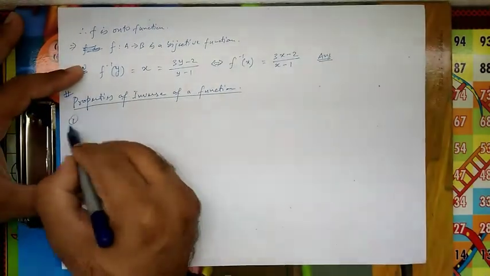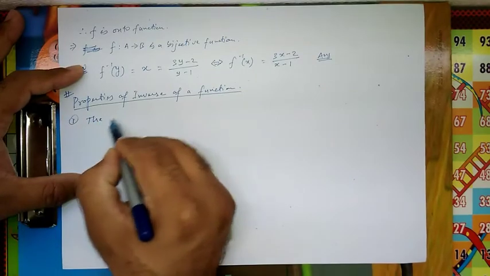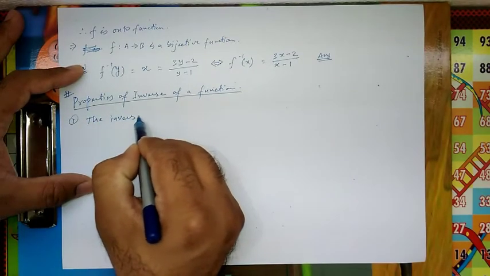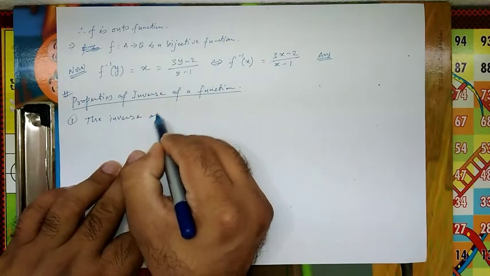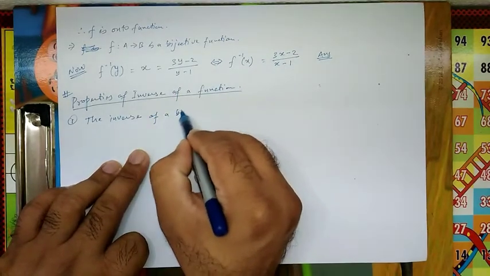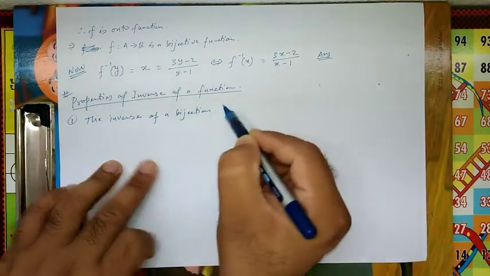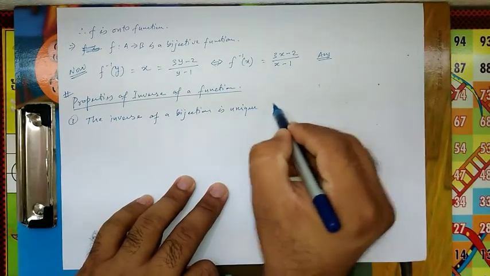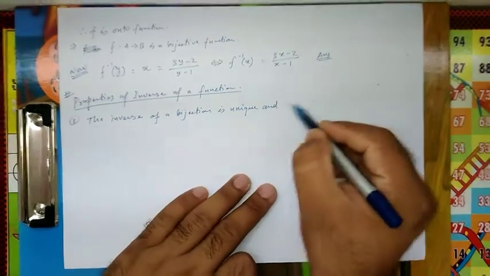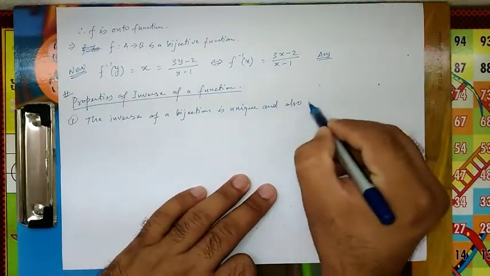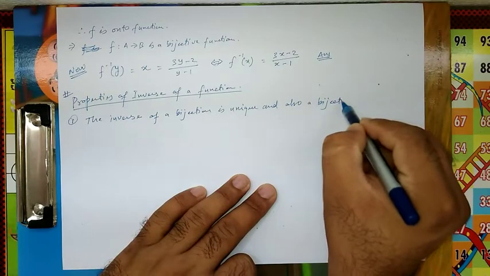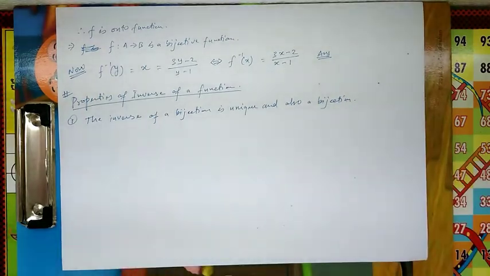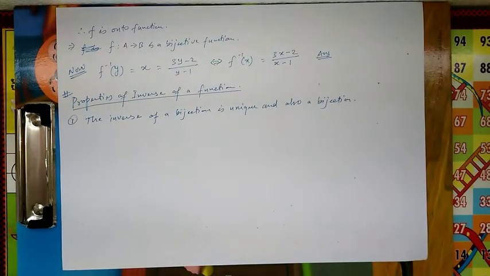We have seen that the inverse of a bijection is unique and also a bijection. Whatever we are getting is unique, and also we are getting a bijection or bijective function only.